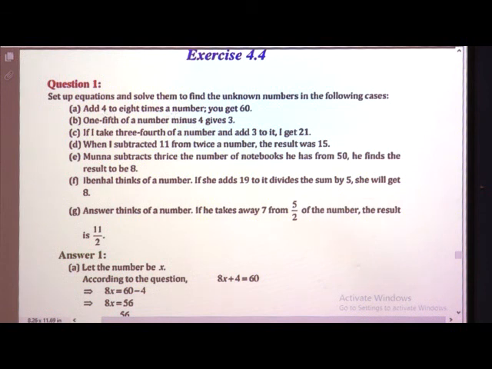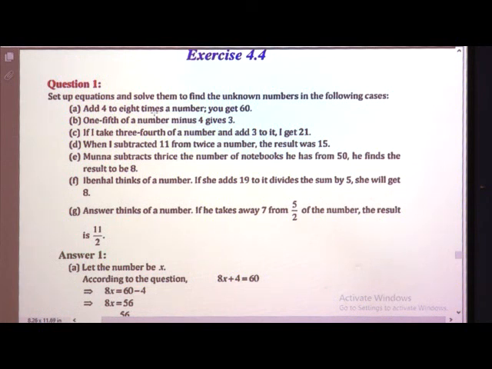Add 4 to 8 times a number, you get 60. What is add? It means addition, 4 to the 8 times. Consider the number to be x; you can consider the number to be a, you know what variable we can consider in a simple equation.